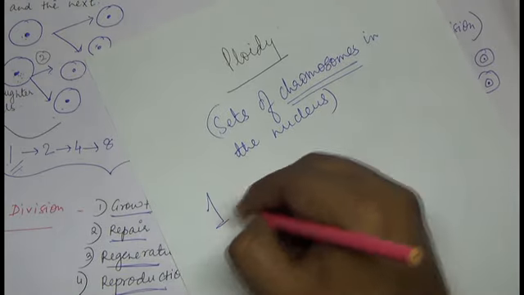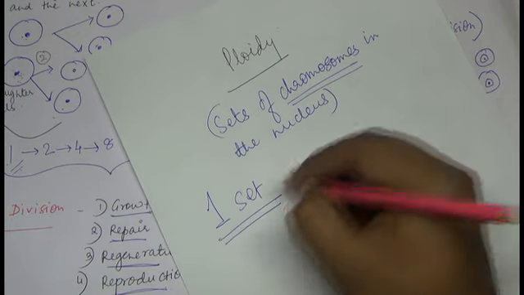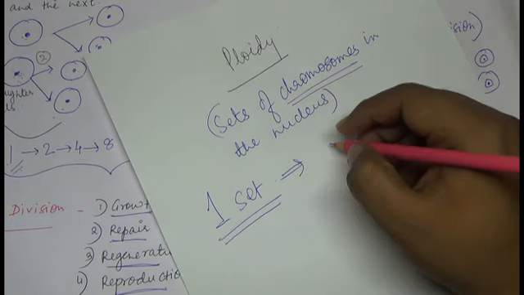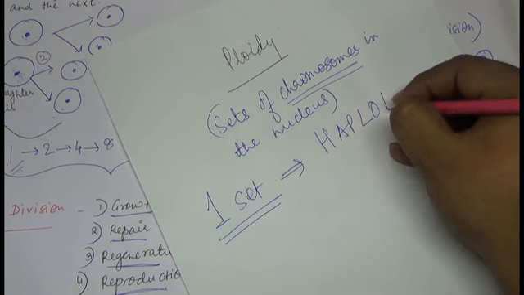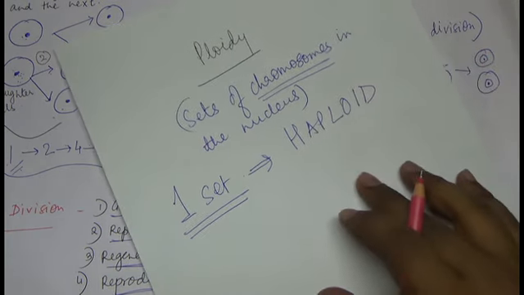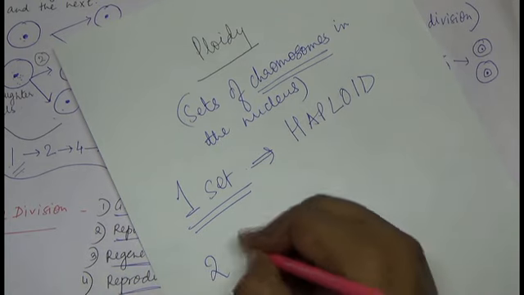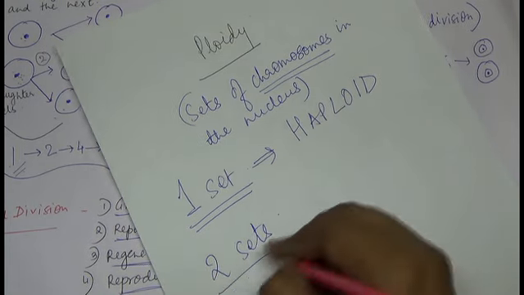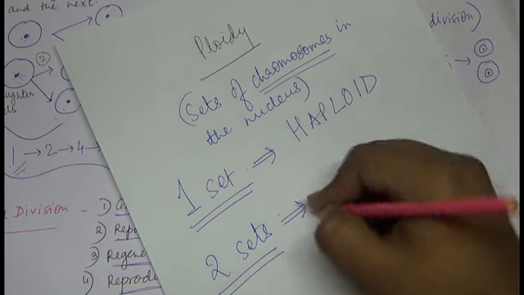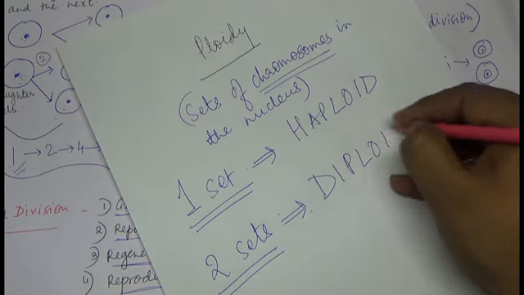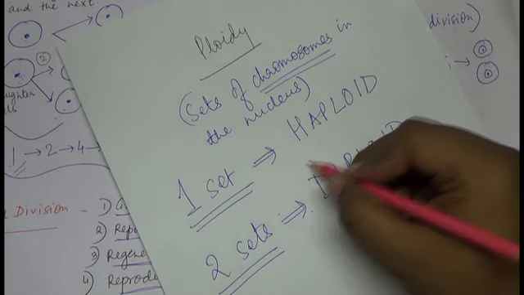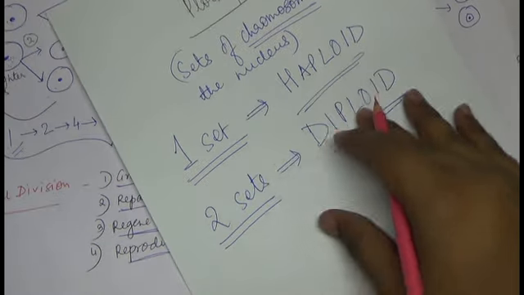If one set of chromosomes is present in the nucleus, we call that cell haploid. Clear? If two sets of chromosomes are present in the cell or the nucleus, we call that cell diploid.